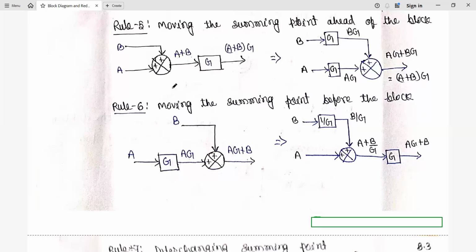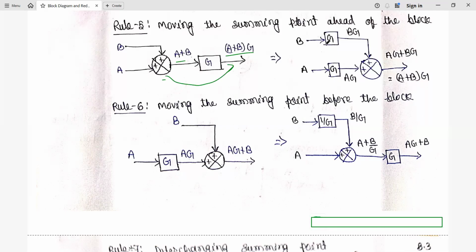Rule number 5 is saying that moving the summing point ahead of the block. Before that, we were moving the branch point ahead or back. Now we are going to move the summing point ahead. Here you see that it is an addition, so A plus B is given to the transfer function, so the output is A plus B into G. The same output we should obtain here. Now the summing point moves from this block ahead.